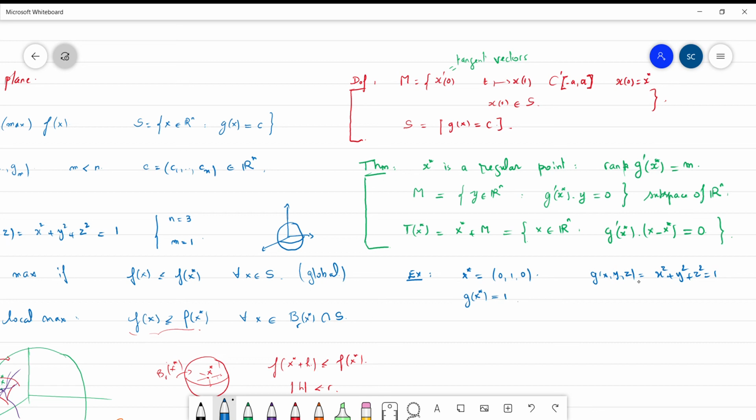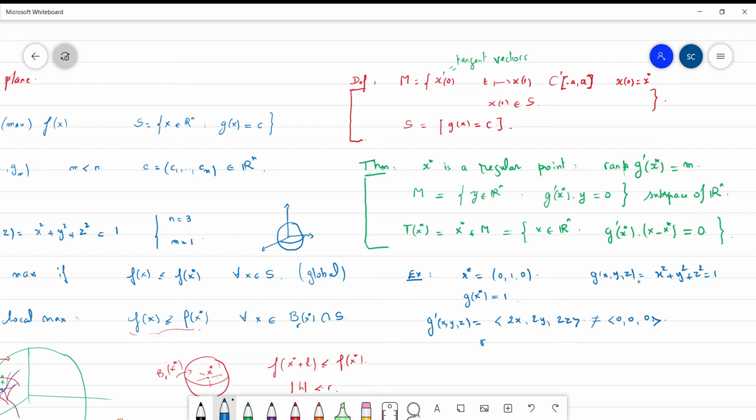Now let's check if it is a regular point. Let's compute the derivative, the gradient: it is the vector (2x, 2y, 2z). This vector is different from the zero vector, because 0 is not part of the surface.